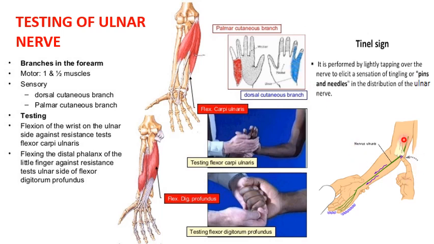nerve. So when the nerve here is stabbed behind the medial epicondyle because it is subcutaneous there, or if it is stabbed somewhere at the wrist, just proximal to the wrist, then there is tingling sensation and pain and numbness that is felt in the medial half of the hand and medial 1.5 fingers, having pins and needle sensation along the ulnar nerve supply, which is called as Tinel sign.